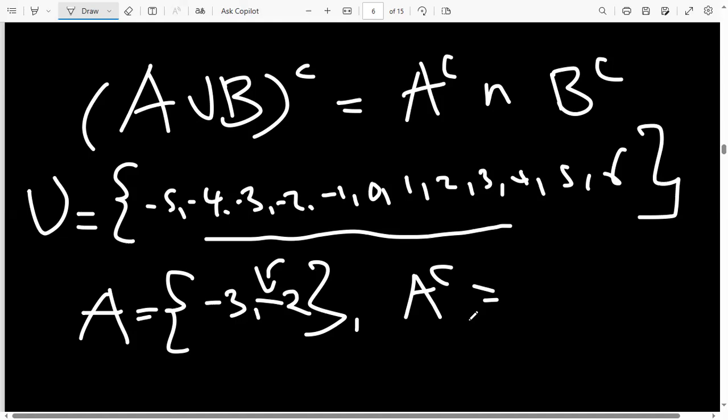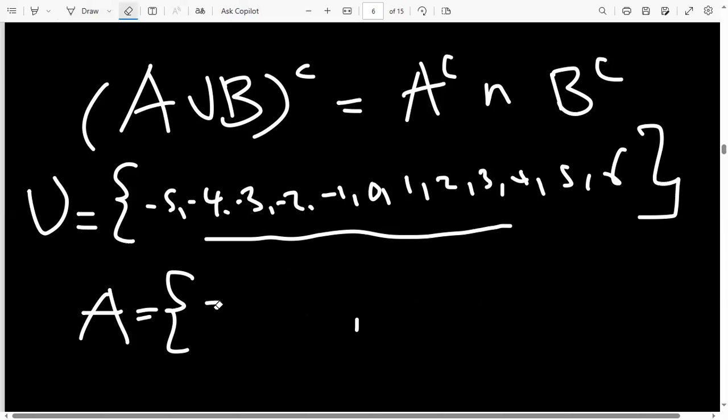Okay, so here we want to prove that whatever we have on the left-hand side, which is A union B complement, is equal to A complement intersection B complement. So let's first find the A union B. We already found it on top there.